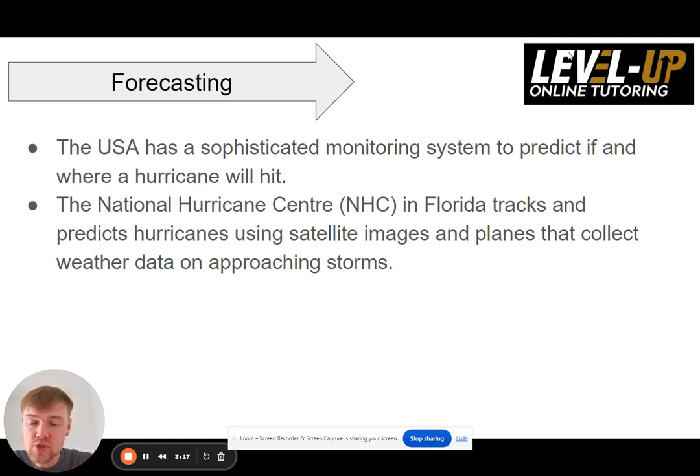For example, they've got the NHC, the National Hurricane Center in Florida, which tracks and predicts hurricanes using satellite images and planes that collect data on the weather and the conditions of the approaching storm. So they are able to predict where the storm will make landfall. They're also able to predict where the path of the storm will potentially go. They've got this very sophisticated, very advanced technology, which a lot of other countries naturally don't have.